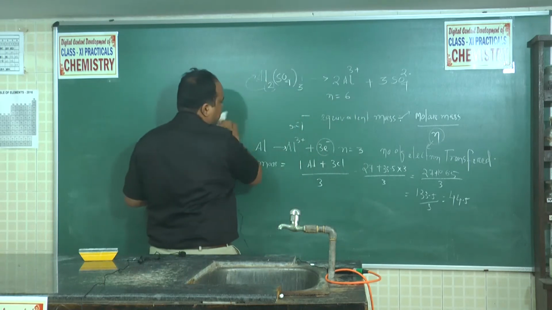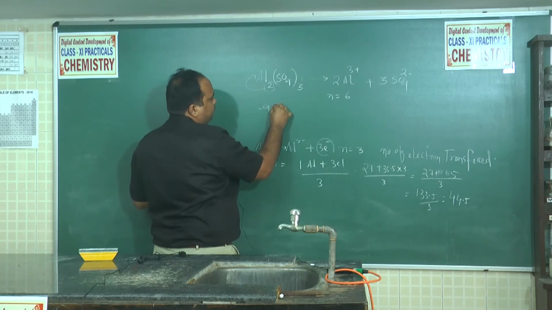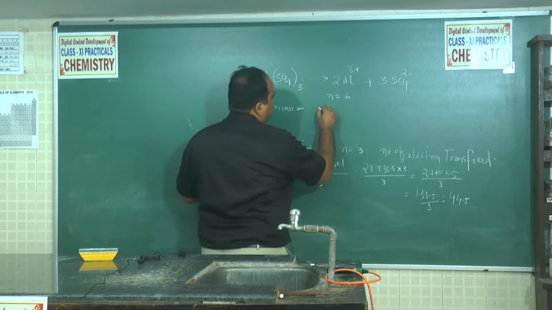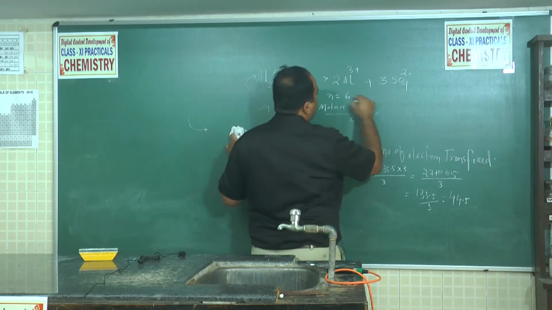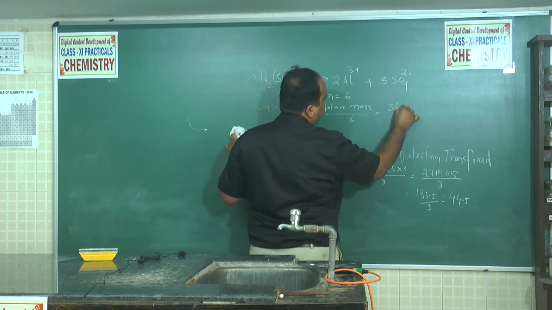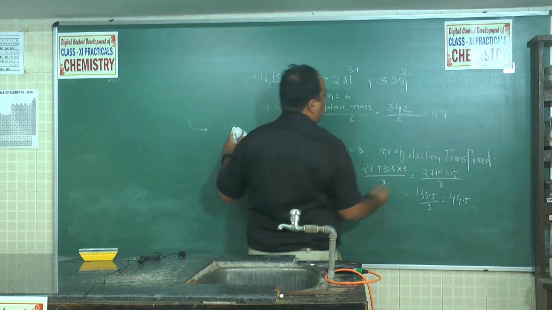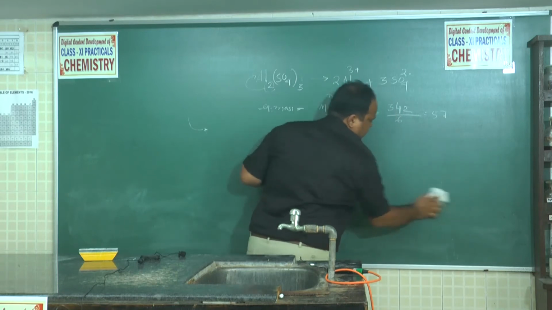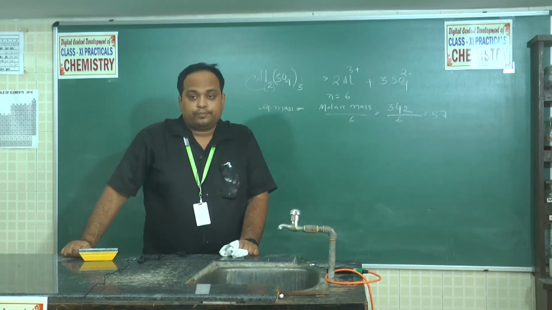Then the equivalent mass is molar mass divided by N, that is 6. Adding everything, molar mass is 342, and 342 by 6 is 57 for aluminium sulfate. So this is the way to find the equivalent mass of a compound.